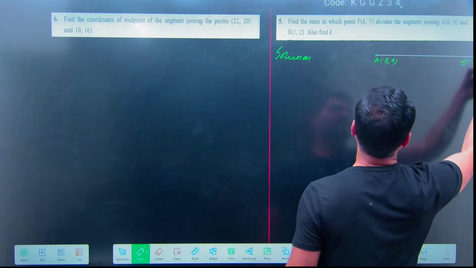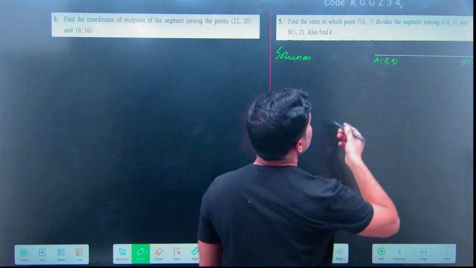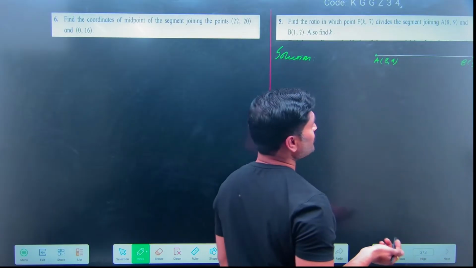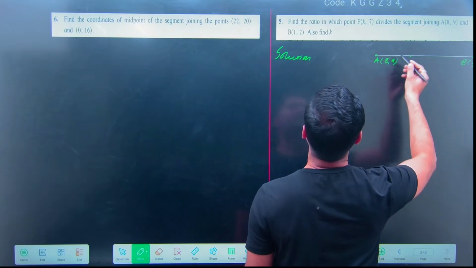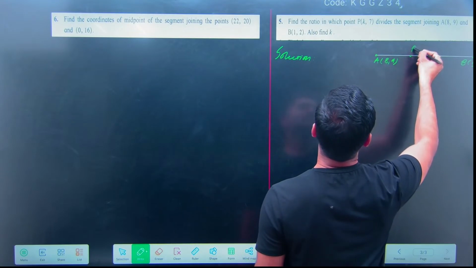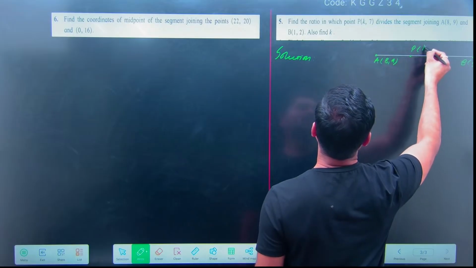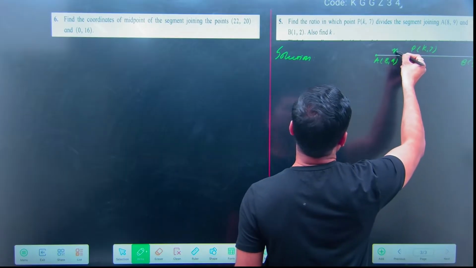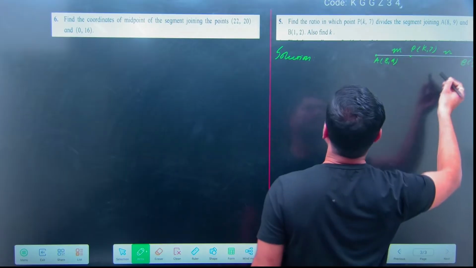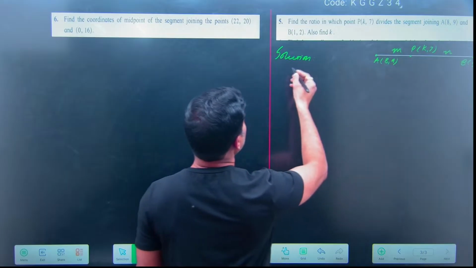So again this sum is similar to sum number 3. There we assumed the ratio as m is to n and at last also found out the values of m and n. So P is the point having coordinates k, 7. Again we have to assume the ratio as m is to n and copy the same steps.